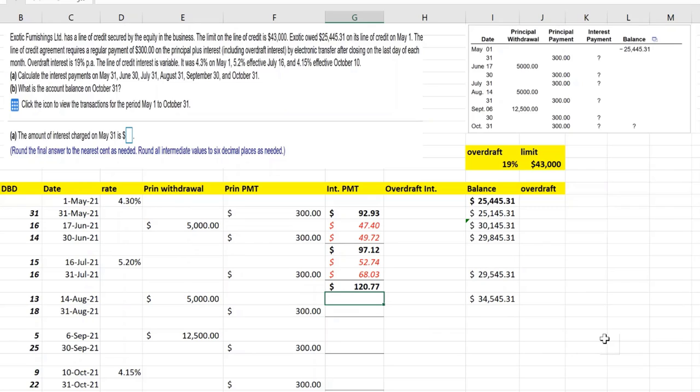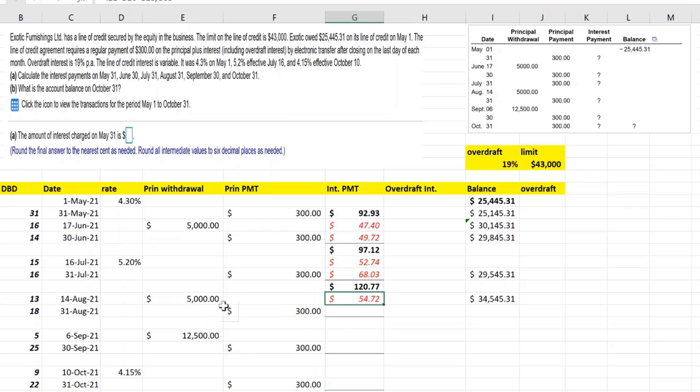Up to, but not including that date. So equal to the previous balance times the rate of interest times 13 days out of 365. So $54.74 up to, but not including August 14th.